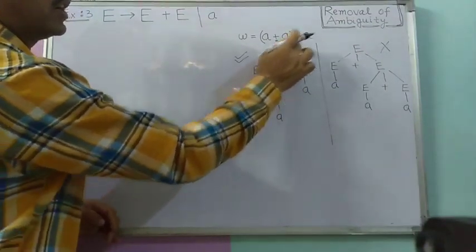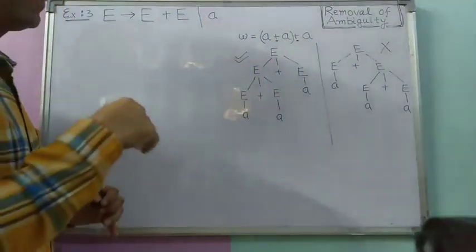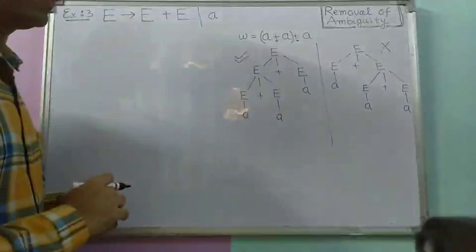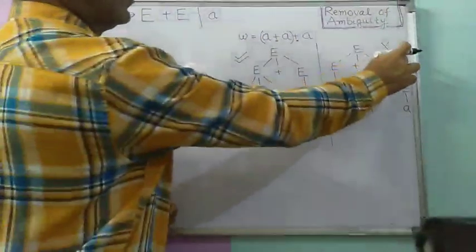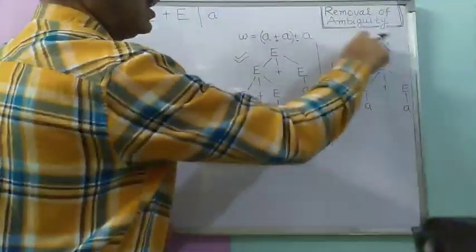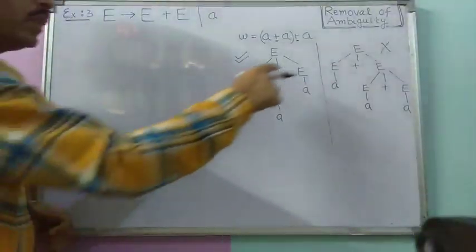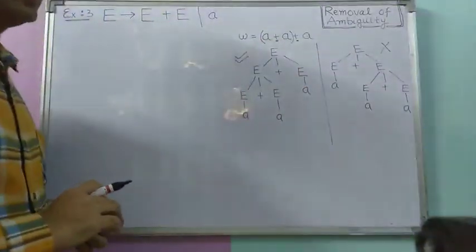That is the functionality we need in this expression if our plus operation is left associative. Similarly, if our plus operation is right associative, then this one will be correct and this one will be wrong. So for right associativity, we need the structure of the derivation tree like this, and for left associativity, we need the structure like this.